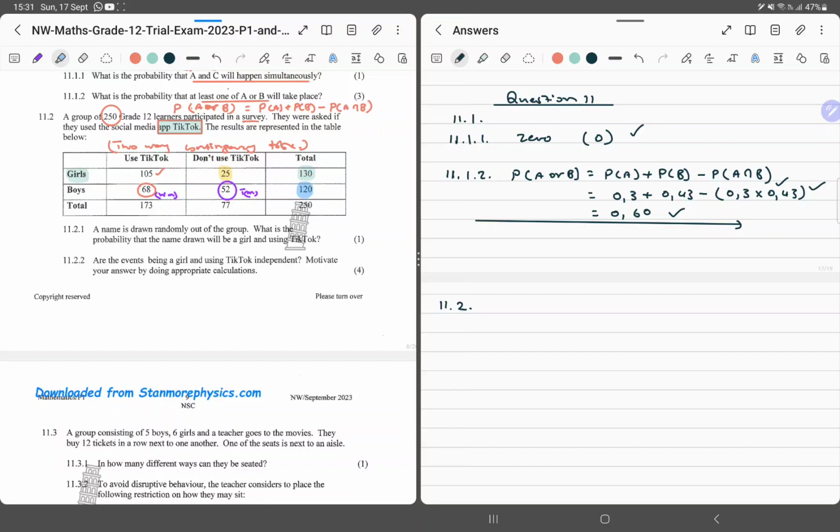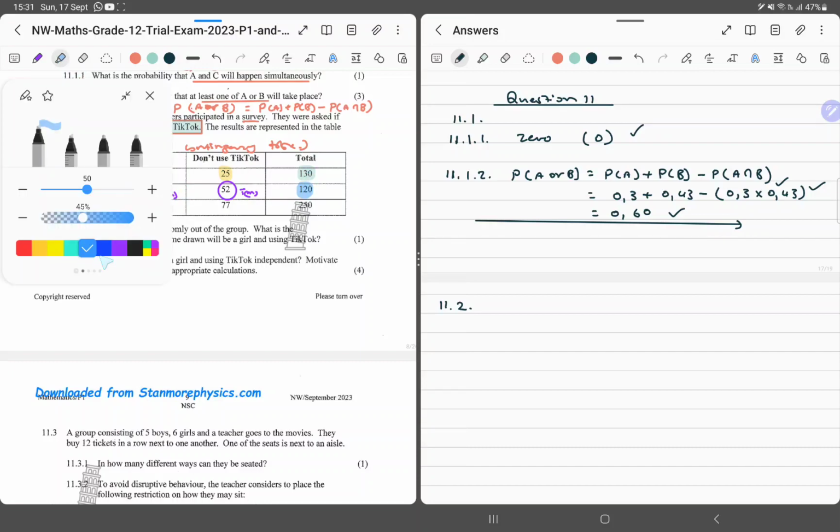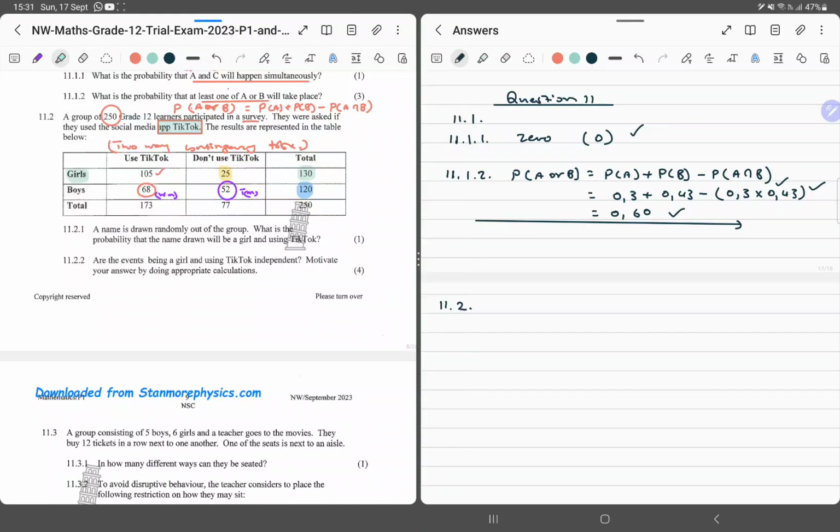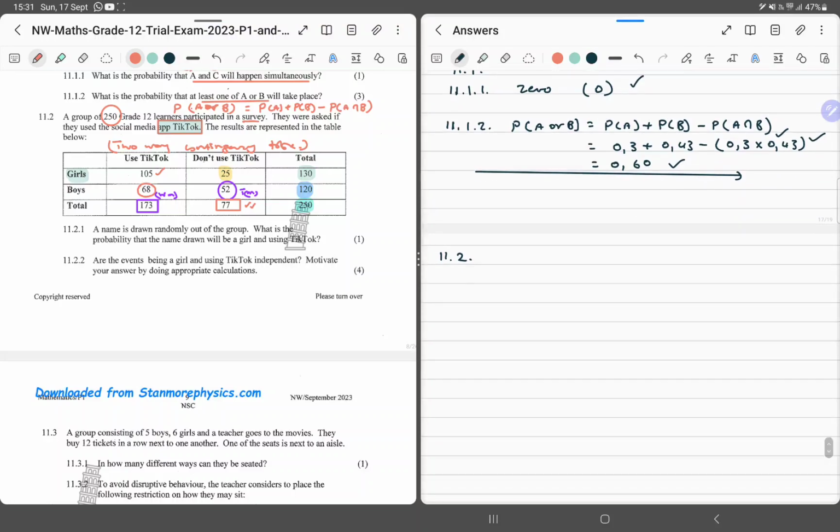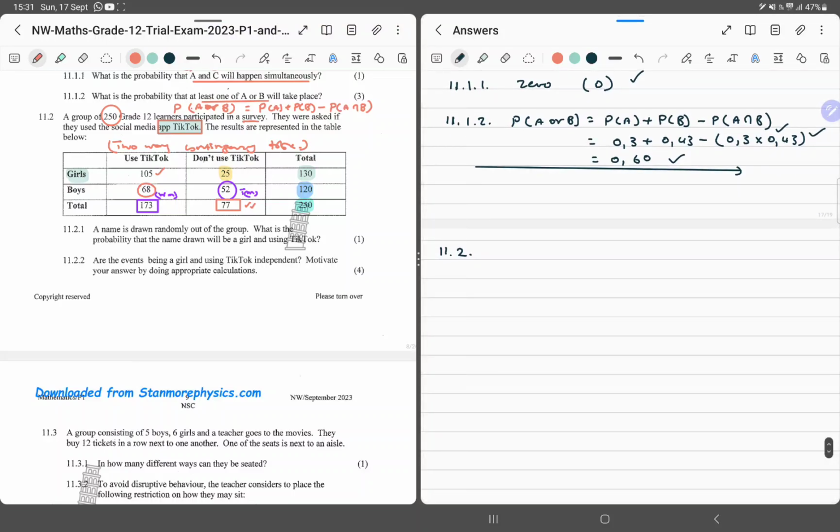Okay, that is the total of boys. And of course, the grand total is 250. Now the ones in total who are using TikTok are these ones, and the ones who don't use TikTok are those ones.